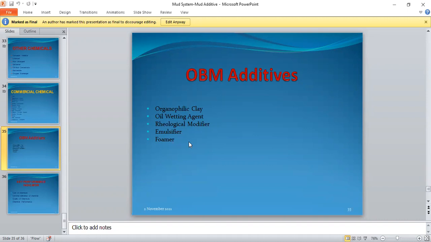Foamer. Foamers are used in situations where you want the mud to become lighter. You can add foamer where the formation is very, very stable, like rocky formations.